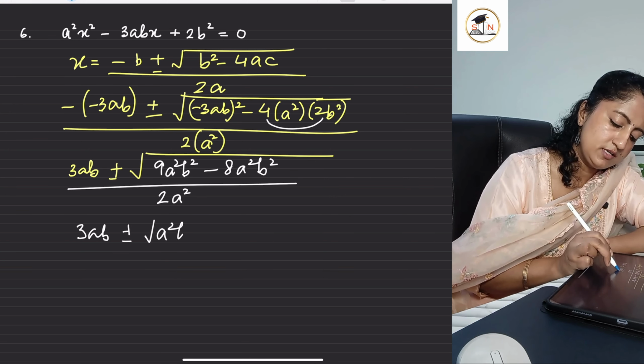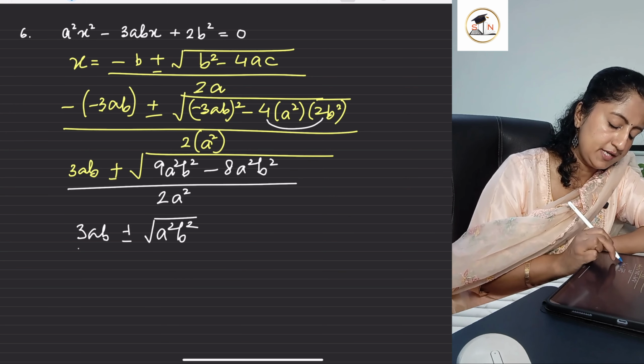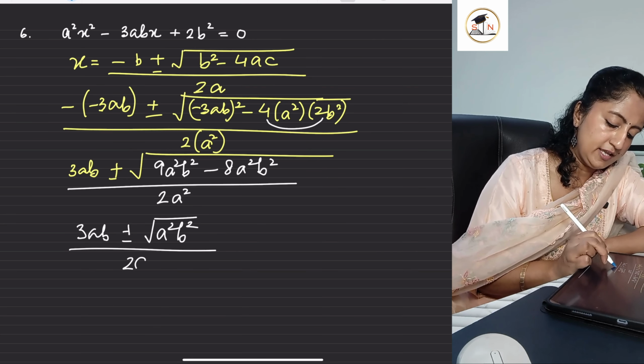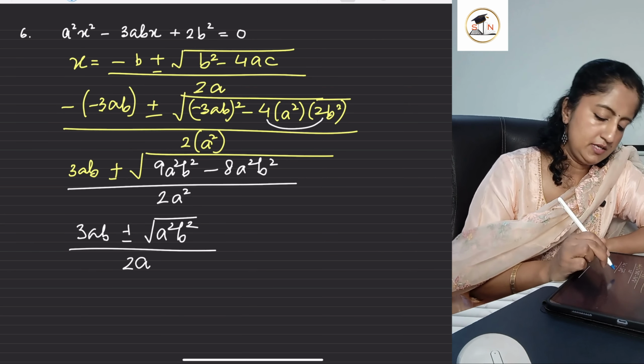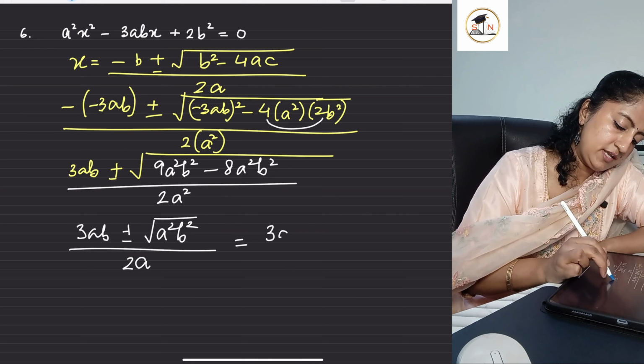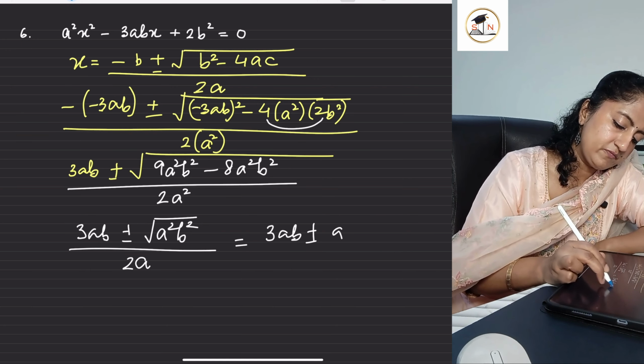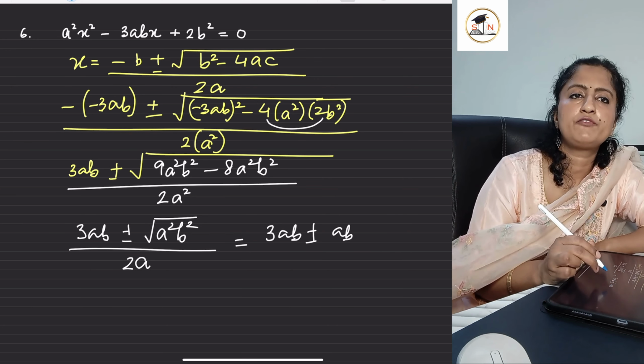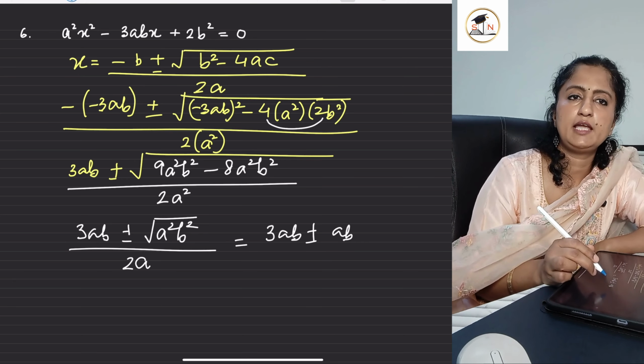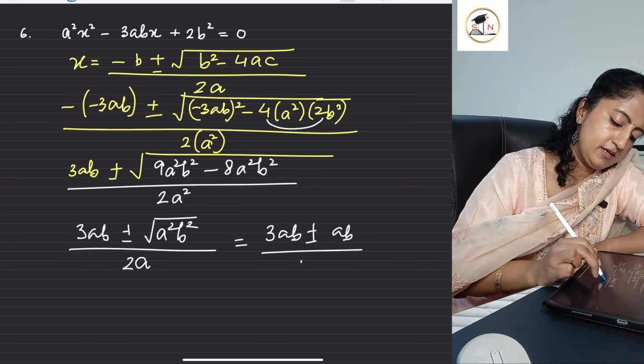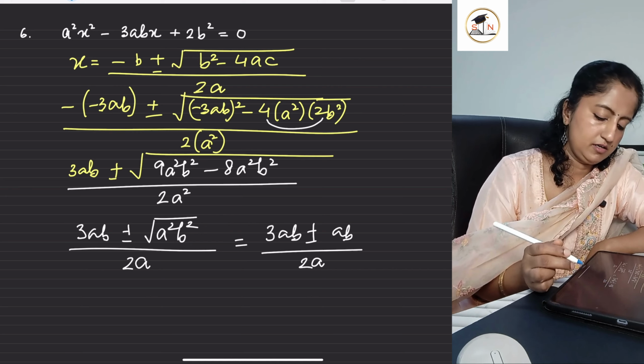Just a square b square, because 9a square b square minus 8a square b square gave us a square b square, and now 3ab plus minus ab. When you do the square root of a square b square, we are just left with ab, whole divided by 2a, right?